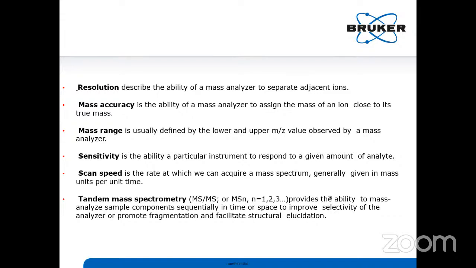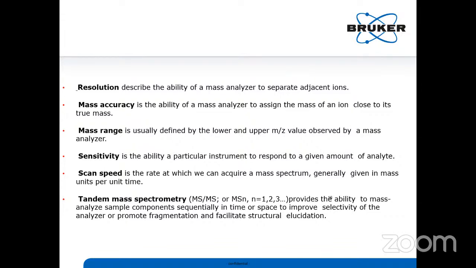Sensitivity. Every time you won't get a highly concentrated sample. Sometimes you want to check impurities. For example, in biopharma companies, we are always bothered about that 99% protein. But when you go for any filing or documentation with the FDA, first they will ask for impurity documentation, where you have to check the percentage of that impurity level, 0.002%.